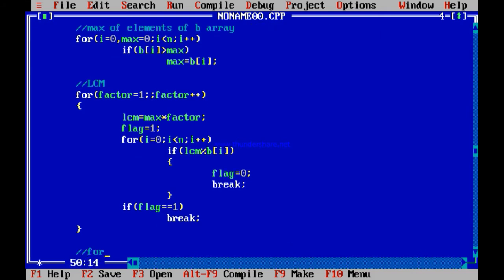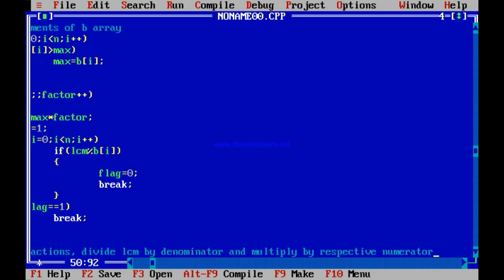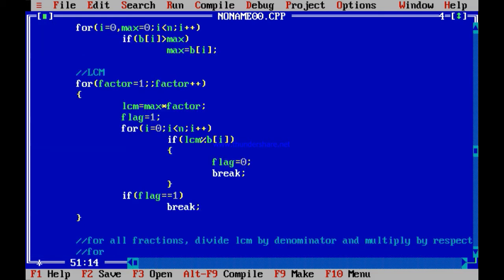Next, I will say for all fractions, divide LCM by denominator. That is what I was doing. Divide LCM by denominator and multiply by the respective numerator, which means that for all fractions, divide LCM by BI.